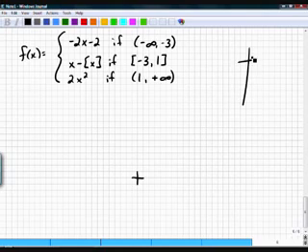You can make a table for each piece. The first one, we're plugging in stuff from -infinity to -3. So plug in -2. What do you get? -2 times -2 minus 2, 2. Well, what was wrong with that?